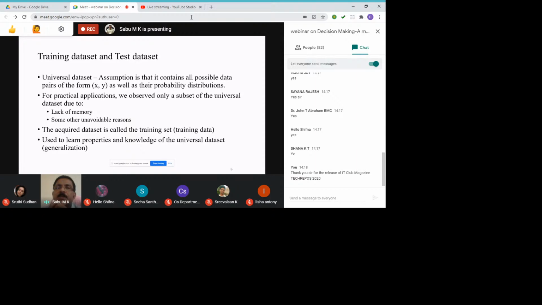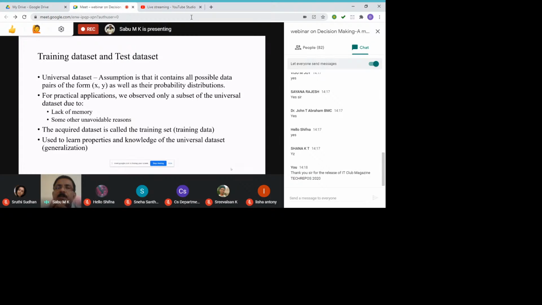In order to measure the performance, we need another data set, and that data set is known as the test data. But here the test set is unobserved during the training or learning process. That means at the time of training, this data set is not visible to the learning algorithm.